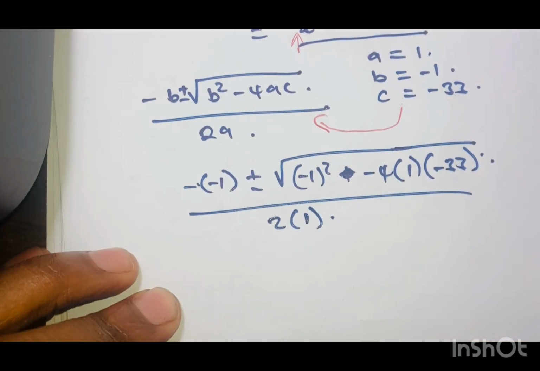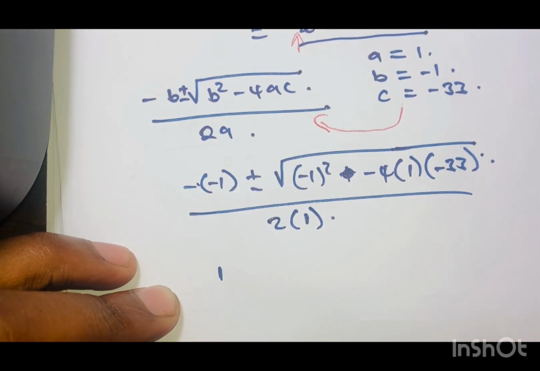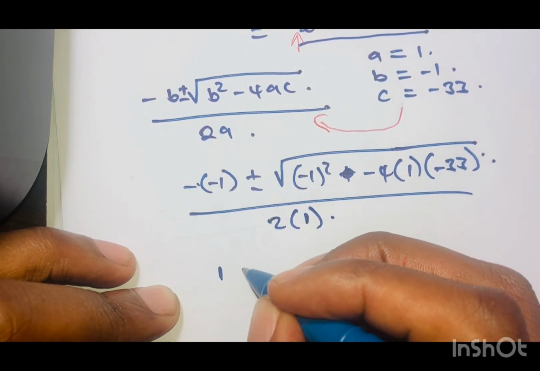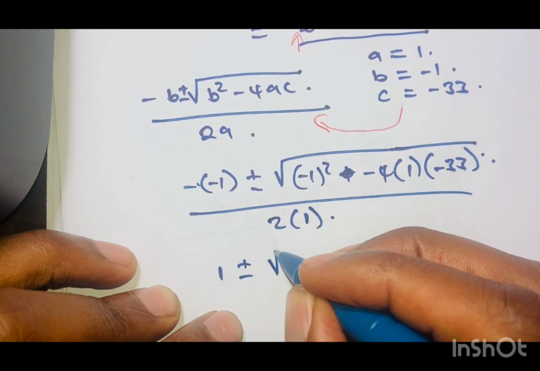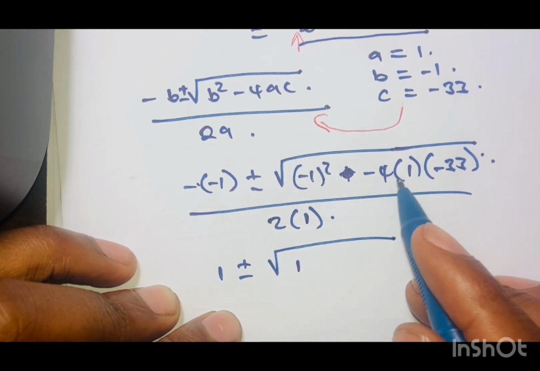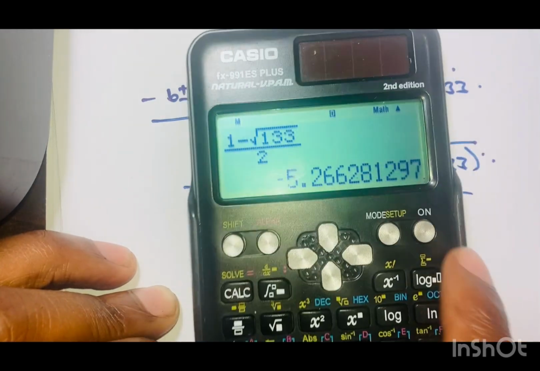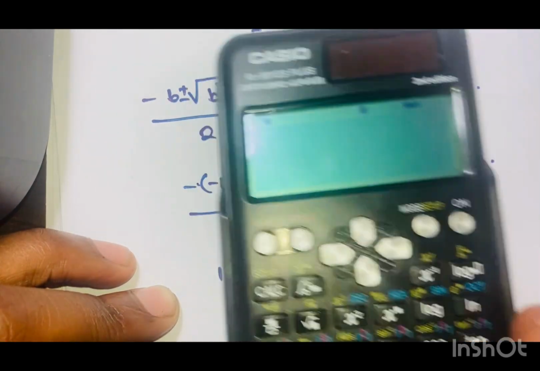So to simplify this, outside of the bracket I'll remain with 1, then plus or minus the square root of 1 squared is 1, then 4 times 33, all of them having negatives, it means we are going to have a positive there.